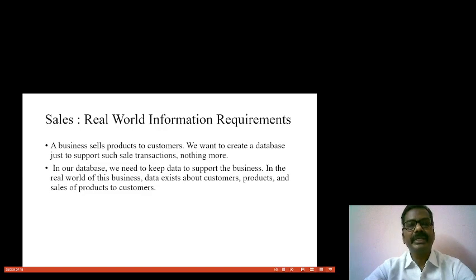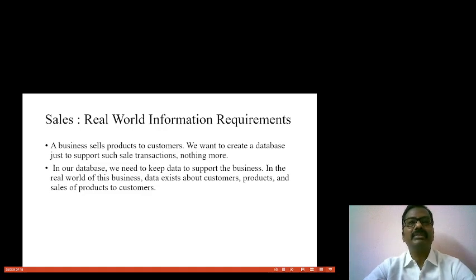If you want to create a database to support such sales transactions and nothing more, we need to keep data to support the business. That means in the real world of this business, data exists about customers, products and sales of products to customers. For example, in Flipkart, if you want to purchase a smart TV, you need the details about that smart TV, its specifications, its features, and the pricing details.